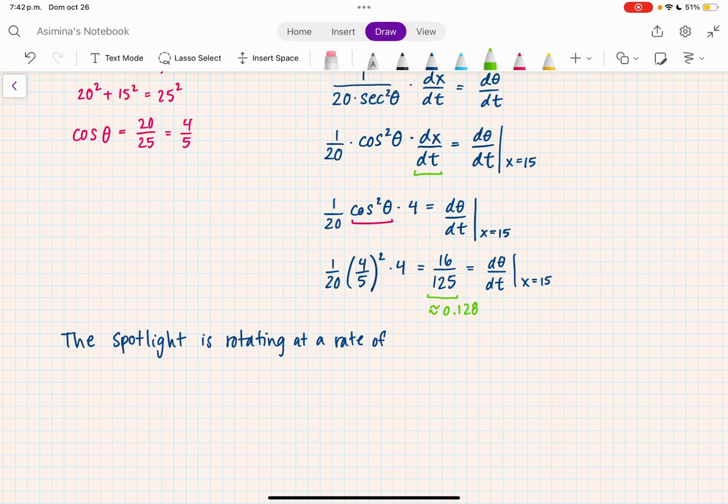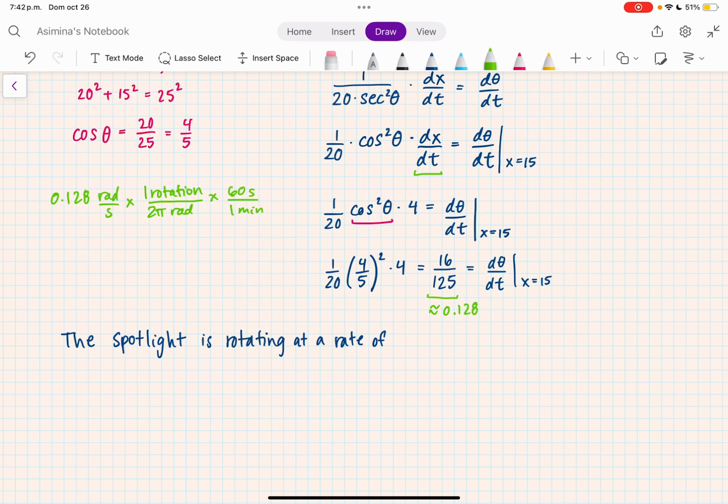So if we wanted to write our answer in terms of rotations per minute, we have 0.128 radians per second times 1 rotation over 2 pi radians times 60 seconds over 1 minute.